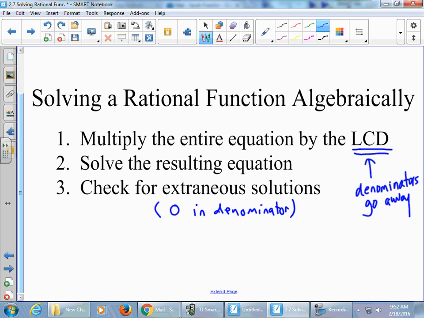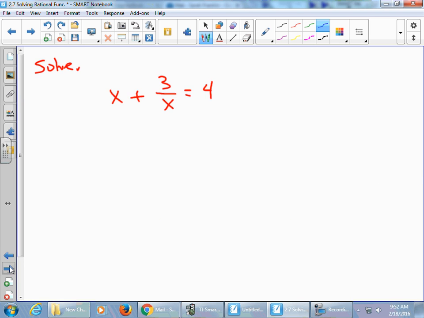Because if it does equal 0 in the denominator, what should you do with that answer that you got? Sure, kill it, cross it off. All right? We good with that? Okay, so it's just looking at some examples.